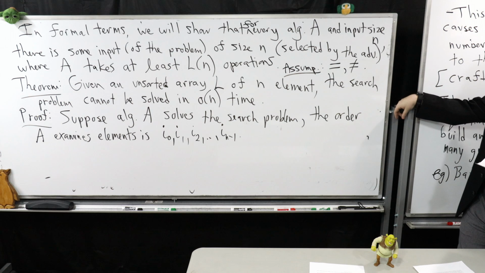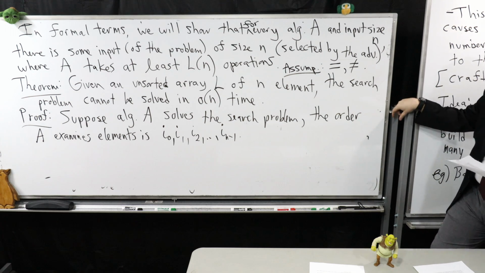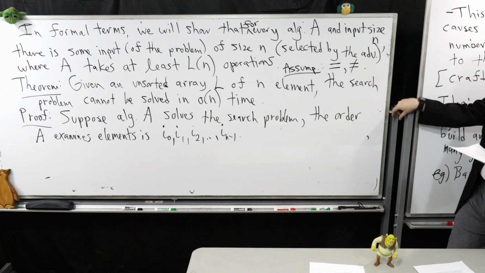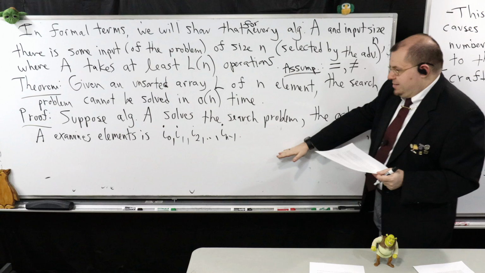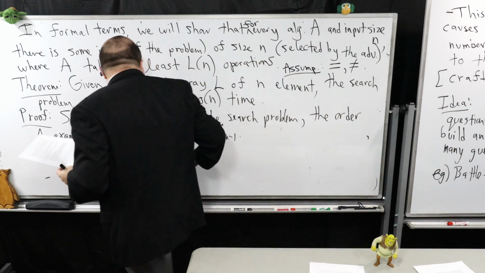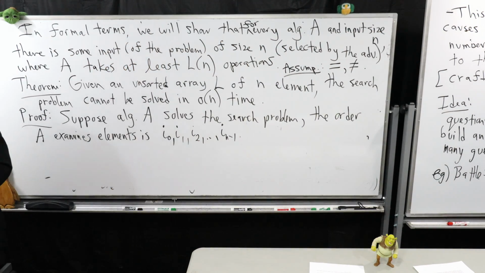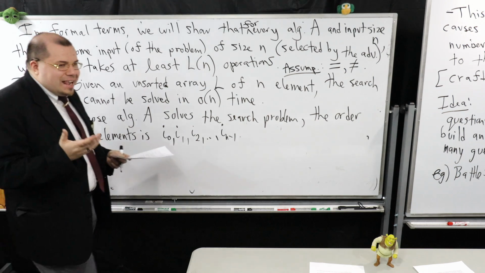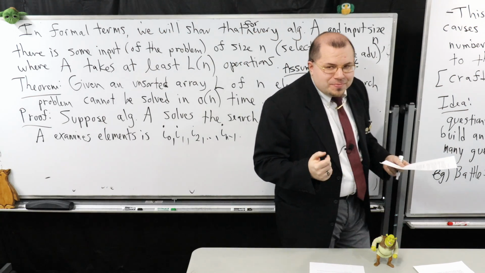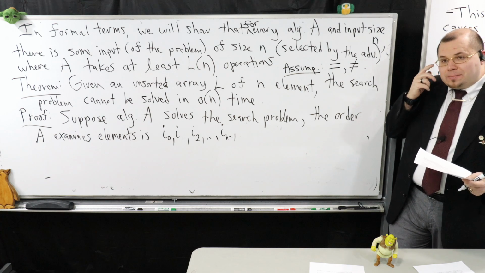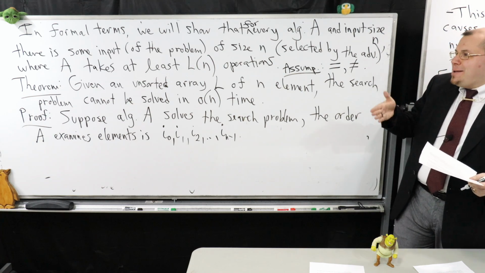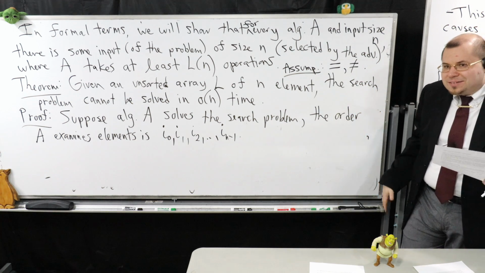So what I'm going to do is suppose I'm given an algorithm that solves the search problem, and the order in which it examines the elements is this: I sub 0, I sub 1, I sub 2, all the way up to I sub n minus 1. They could be any sequence of them. I'm just assuming that there's n of them there. But remember, if you made more guesses, they're just going to be duplicates.